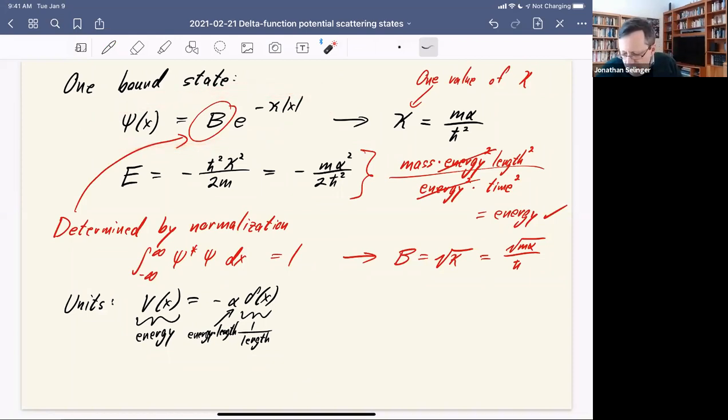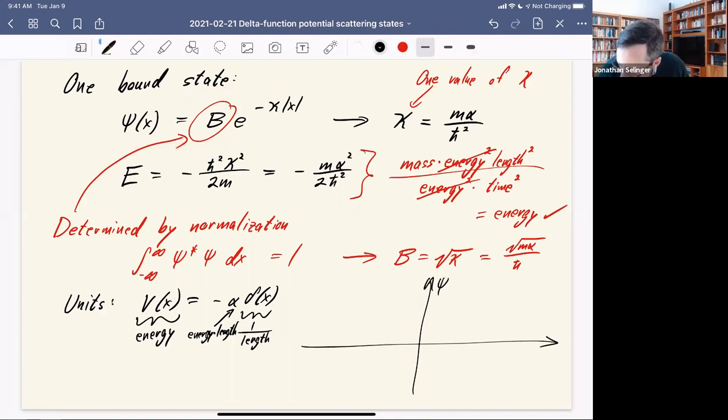So if we plot the wave function as a function of x, it is decreasing like this. And so that means that the particle is confined to be near x equals 0.